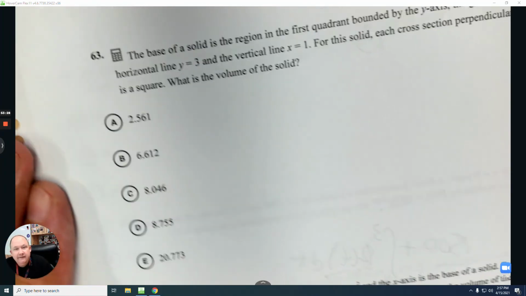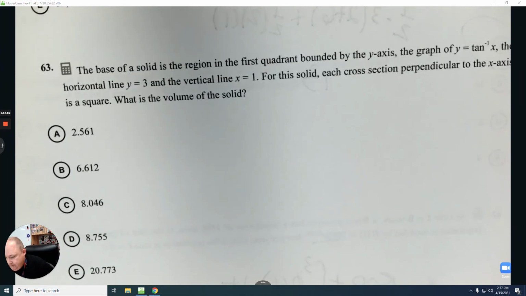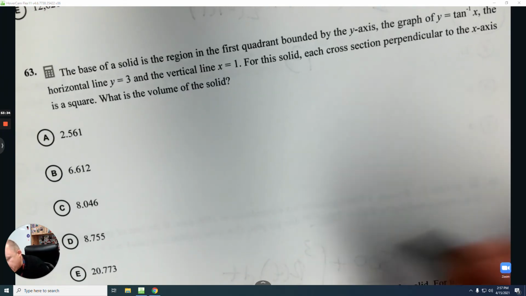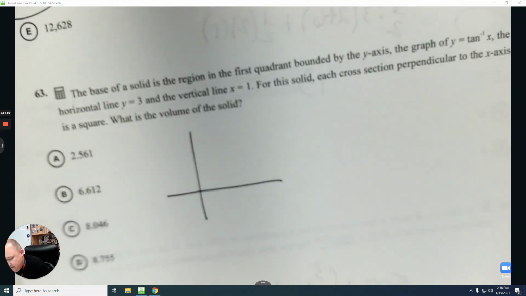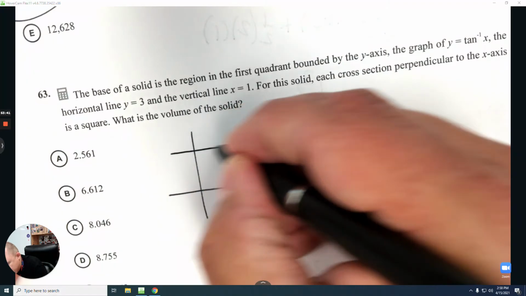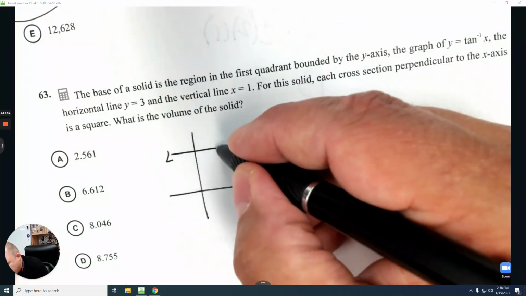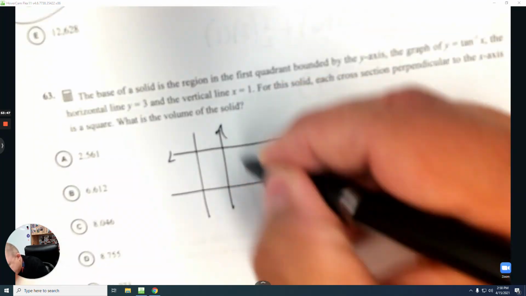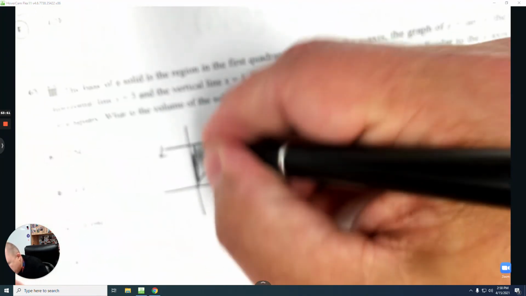63. The base of a solid in the first quadrant is the inverse of tangent. You have a horizontal line at 3, a vertical line at 1, and you have the graph, and you have this region.